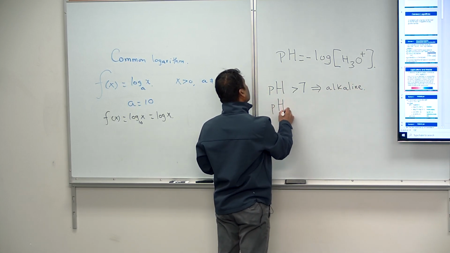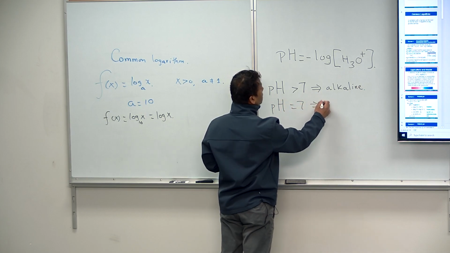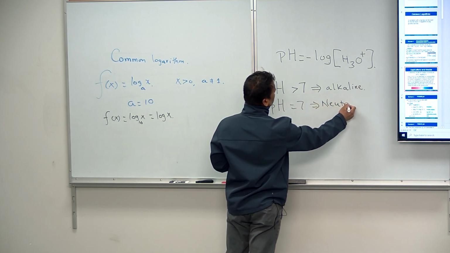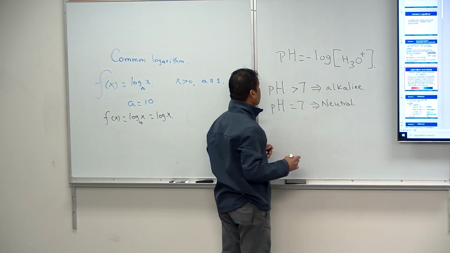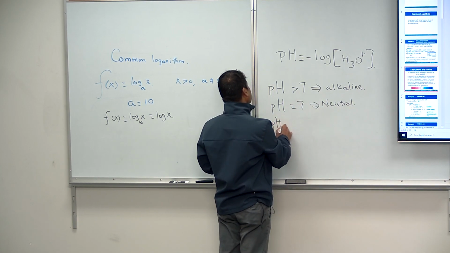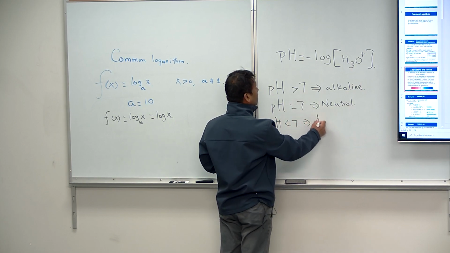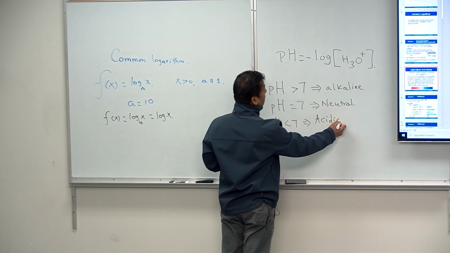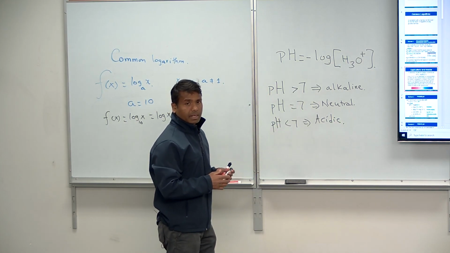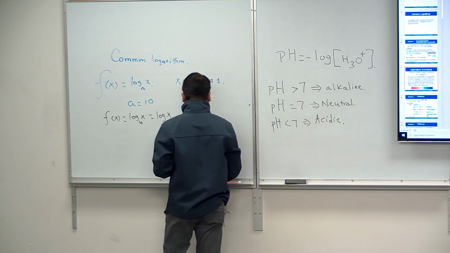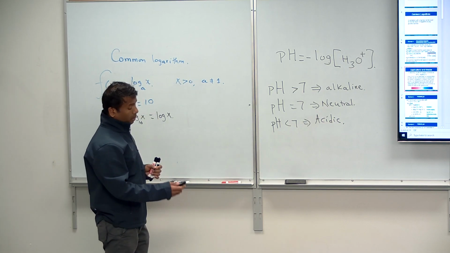If pH is equal to 7, I think this is neutral, and generally pure water is neutral. And if pH is less than 7, so this solution is what? Acidic. Make sense? Yes? So this is what you need to know, okay?